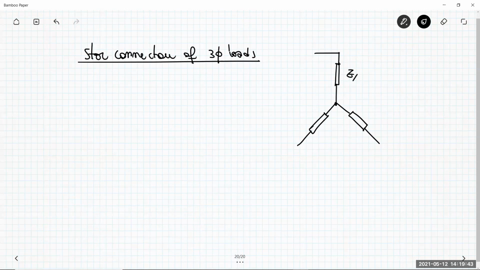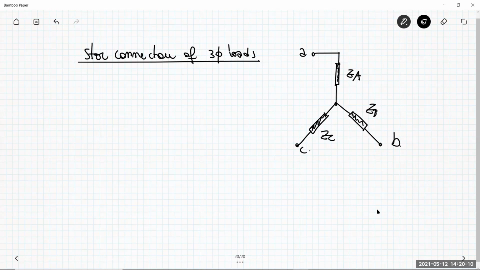So we have an impedance here. Let me call it Z_A, and this is the node A. Then I have the impedance Z_B, and this is the node B. This is Z_C, and this is the node C. Okay, so we have three terminals, and then we have these three different loads. This is a representation of a three-phase load star connected.